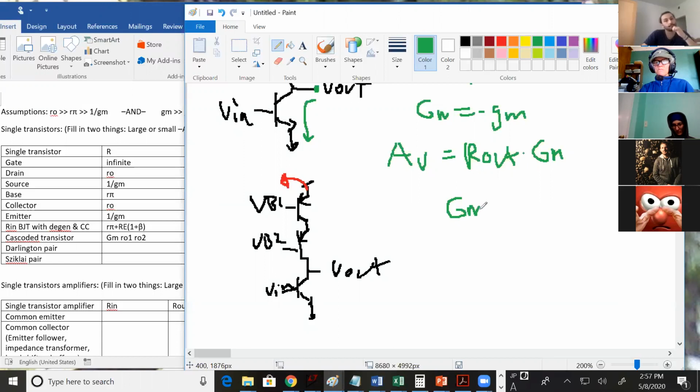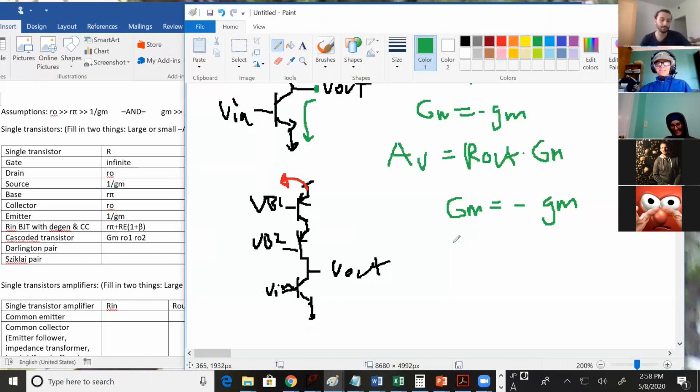So GM equals little GM. And on this one, it's actually a common emitter, just with this part changed. So do you think it's inverting or non-inverting? Inverting. Only the common base and the common collector are non-inverting. So if it's a common emitter anything, they just put a minus sign there and you're done.